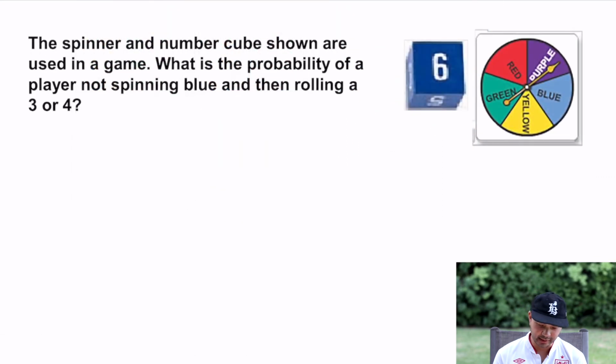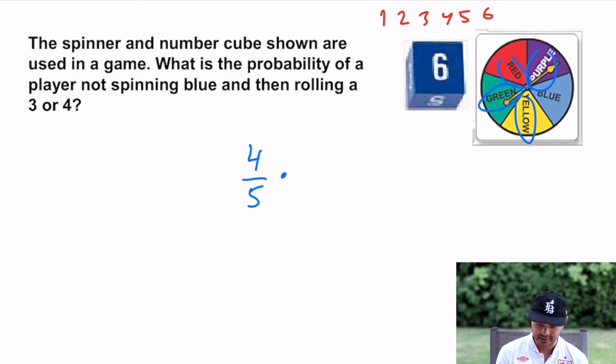Okay, going through this quickly, the spinner and number cube are shown. So spinner and number cube, they don't affect each other. What was the probability of the player not spinning blue, then rolling a 3 or 4? So not spinning blue. Okay, so that's yellow, green, red, and purple. 1, 2, 3, 4. That's 4 out of 5 to not spin blue. And then rolling a 3 or a 4. So a number cube, you can roll a 1, 2, 3, 4, 5, or 6.